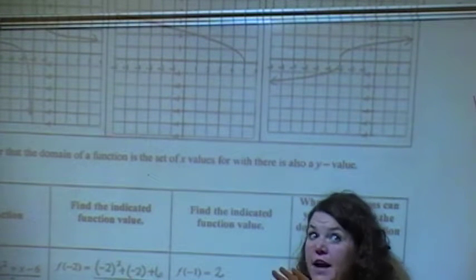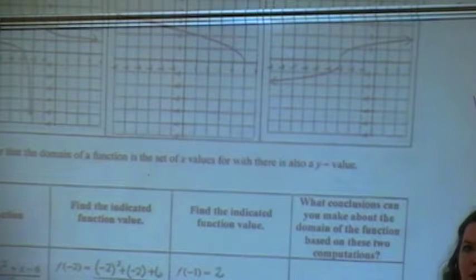There's nothing there. So it could be an asymptote, or it could be a hole, or what we call a removable discontinuity, a point discontinuity. But what we do know is that f of negative 2 is not in the domain, because they asked specifically about the domain. It can't be, because no y value exists there. So negative 2 can't be in the domain.